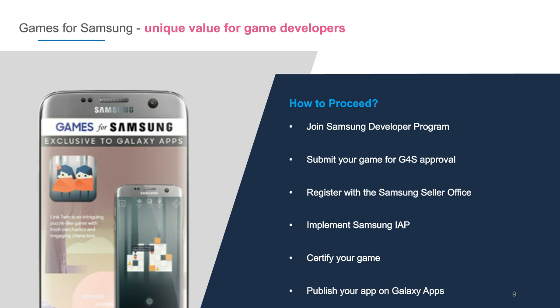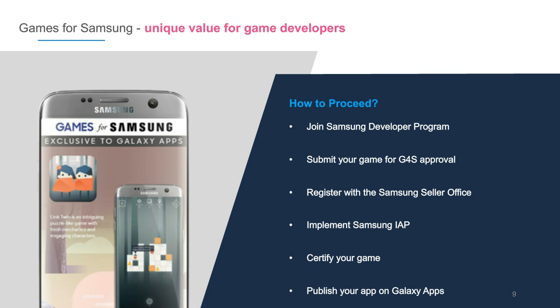Finally, once your game is approved for publishing, you will submit it to be published in the Galaxy App Store. You will have an option to publish it immediately, or you can submit it at a later date. Normally, as part of the Games for Samsung promotional process, we will coordinate together the date for your game to be published.